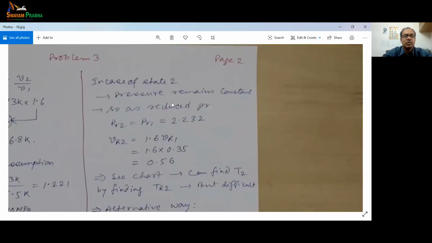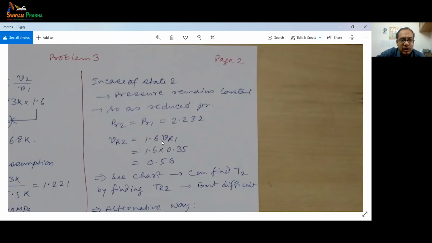And now let's see how we are going to use it. Here pressure remains constant, so the reduced pressure will be constant, right? Because both of them are normalized by the same factor. So PR2 will be the same as PR1, 2.232.